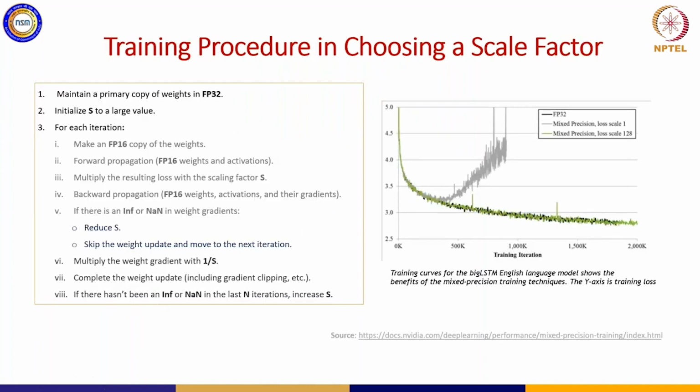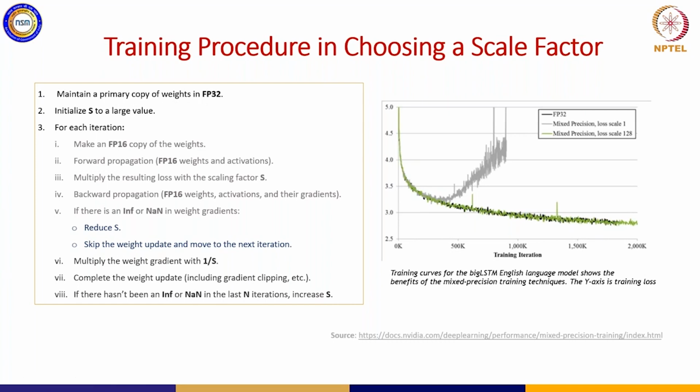So how do we now train? Because while you are trying to pick that scaling value, you need to test it during your training and see that this value is scaling well and it's not leading to overflow, or you are not experiencing an underflow there. So the first thing you do, this is an algorithm here, is that you maintain the primary copy of your weights, which is in FP32.